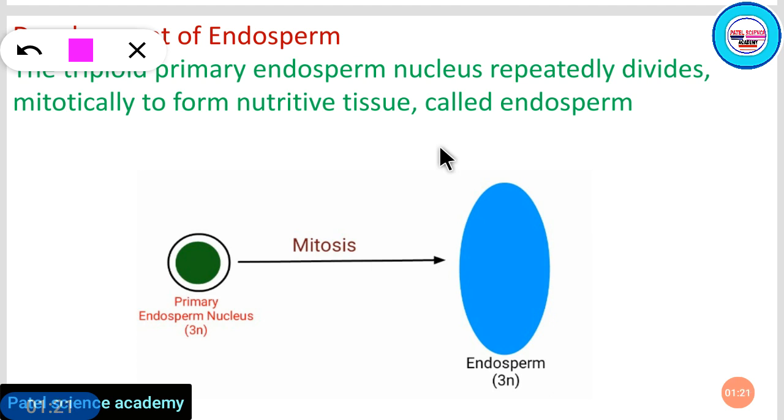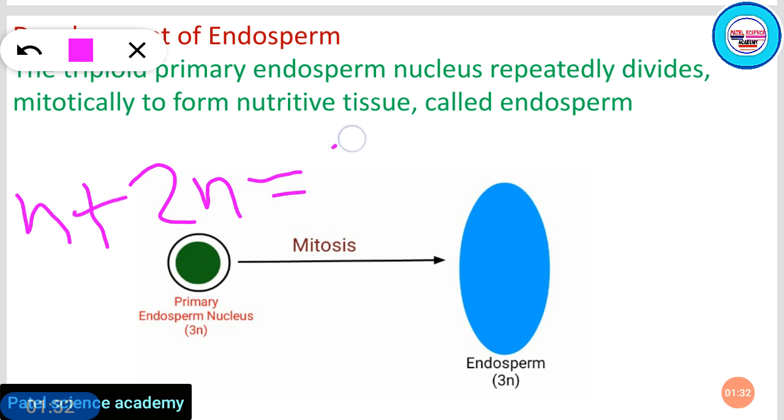The second fertilization takes place between the second male gamete, which is single N, and the 2N secondary nucleus of the carpel to give the 3N structure.